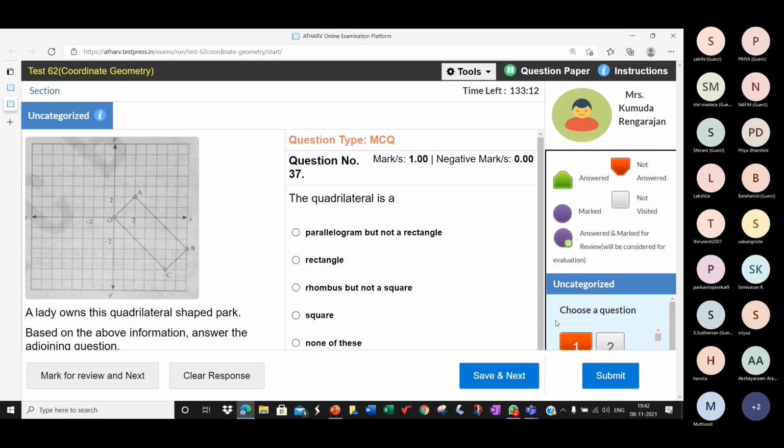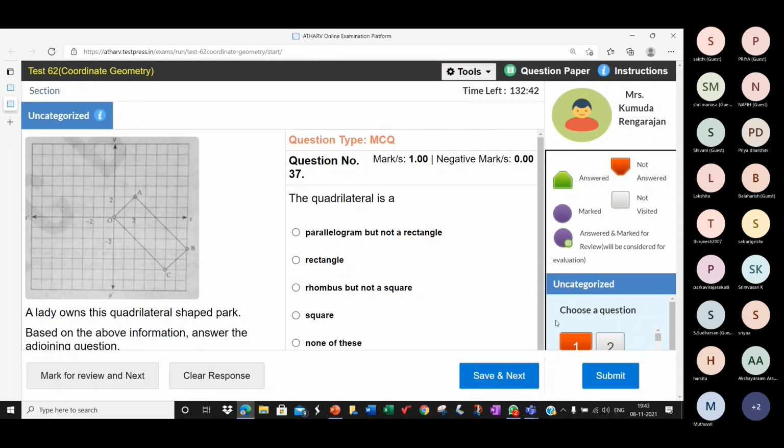Now we found the midpoint of both the diagonals using the midpoint formula, x1 plus x2 by 2, y1 plus y2 by 2. The coordinates of the midpoint of the diagonal AC are 7/2, minus 3/2.